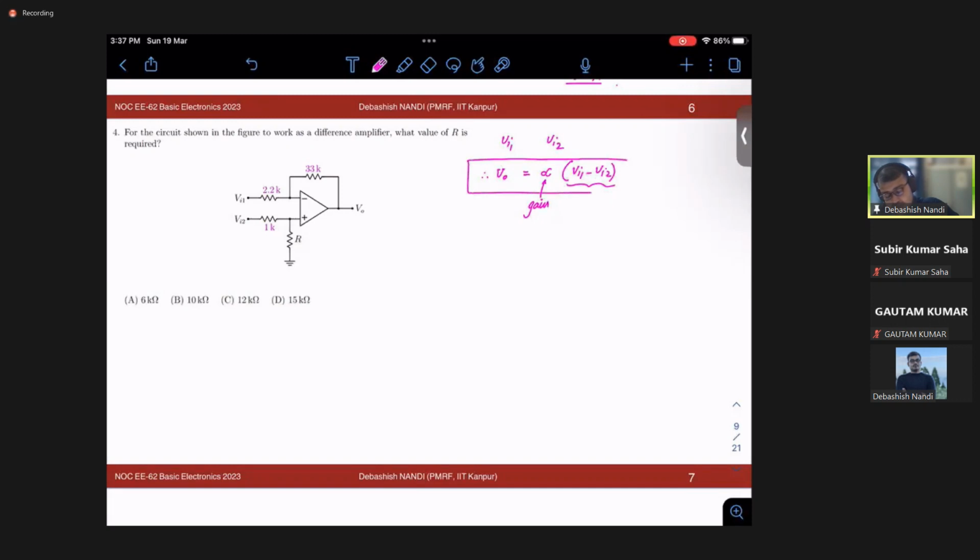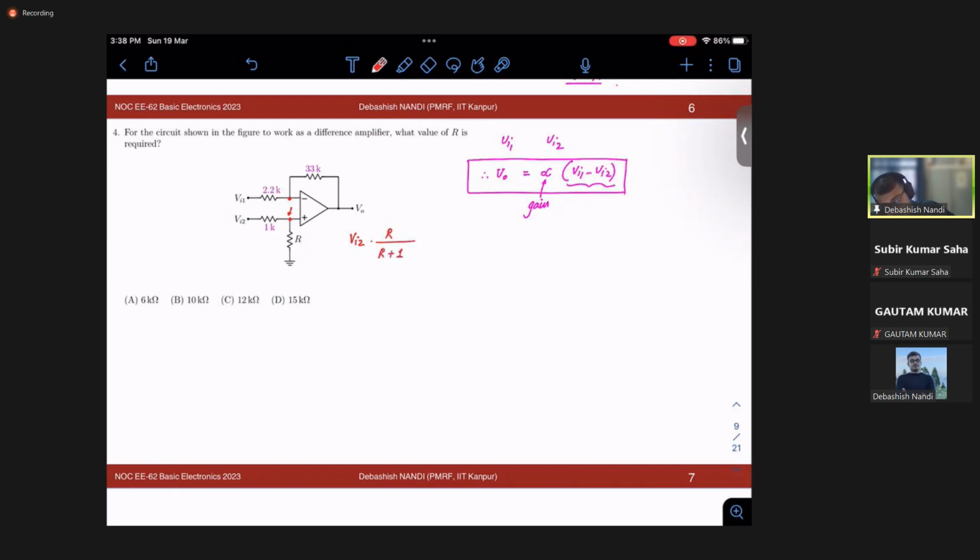So now say you do not know anything about difference amplifier and you want to solve this circuit. How will you go about it? The very basic way to go about it is, you know that for it to act as a stable amplifier, the circuit should be in negative feedback, and you are dealing with the ideal op-amp, right? So your virtual short condition is still valid. So what will be your voltage at this point? At this node, your voltage would be Vi2 into R over R plus 1, right?